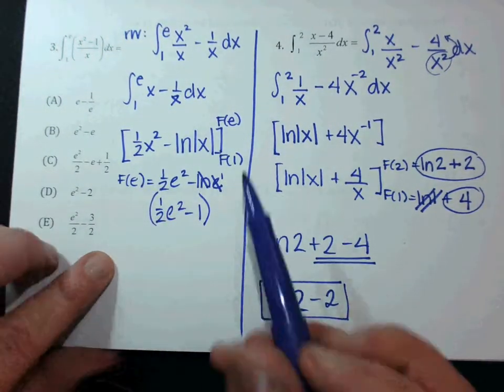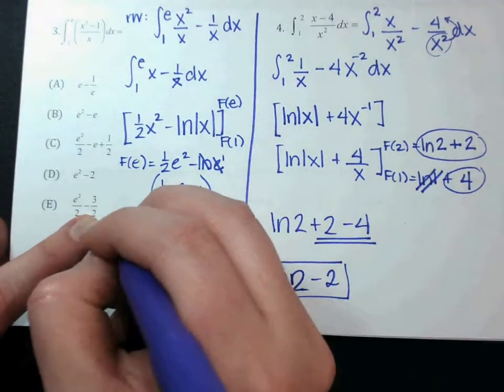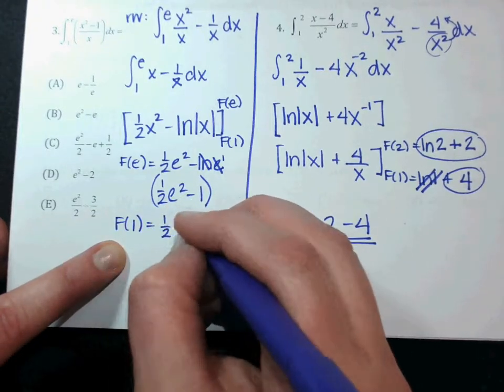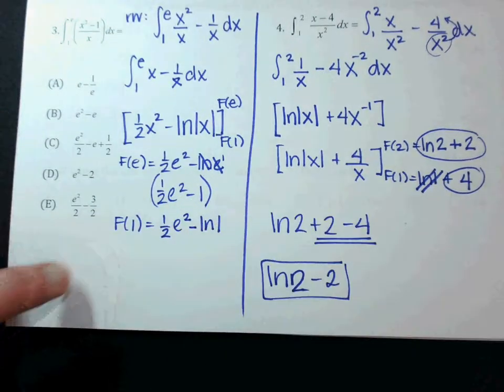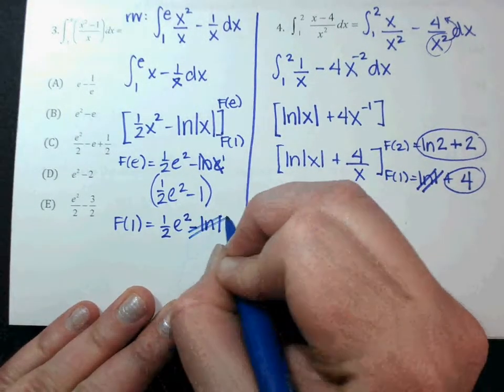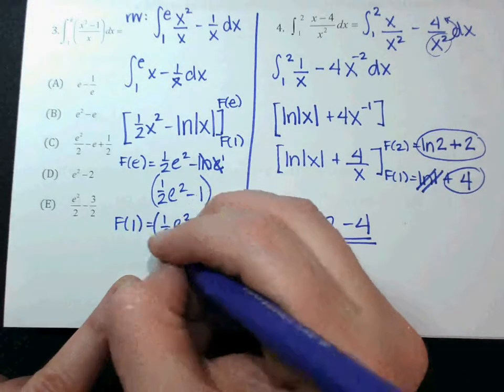Then for my bottom number, f of 1, it would be 1/2 E squared minus ln of 1. What's the ln of 1? 0.